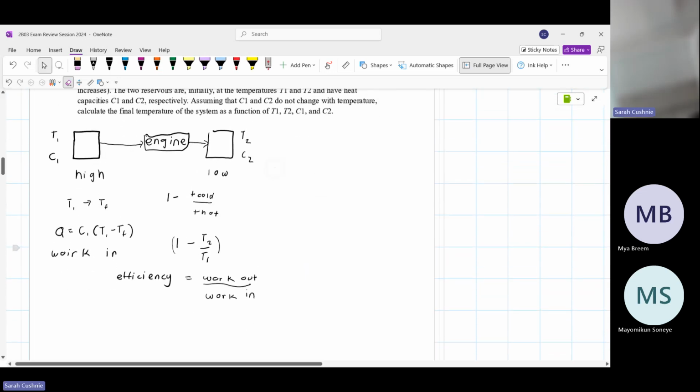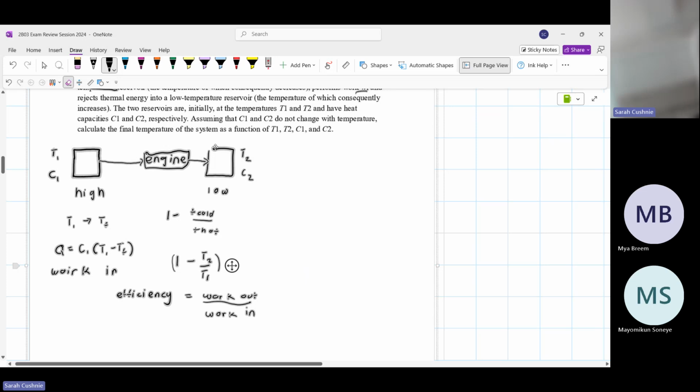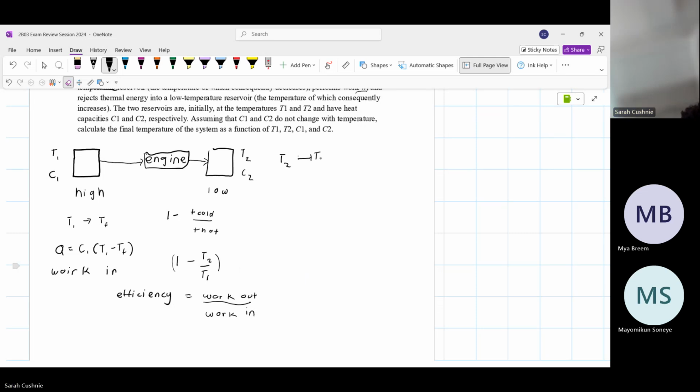The engine also does work and puts the work into the low temperature, so the temperature goes from T2 to TF. Therefore, the work done in this is going to be Q equals C2 times TF minus T2, and this is C2, let me specify.